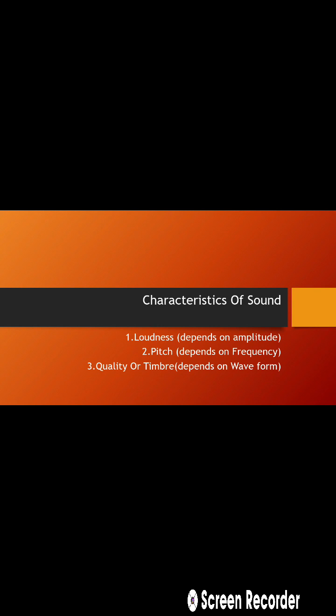Loudness, pitch and quality or timbre are the three characteristics of sound. Loudness depends on amplitude, pitch depends on frequency, and quality of timbre depends on waveform. Waveform means the wave going up and down, up and down.